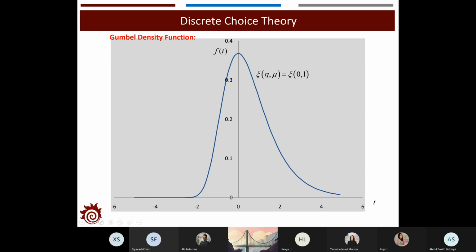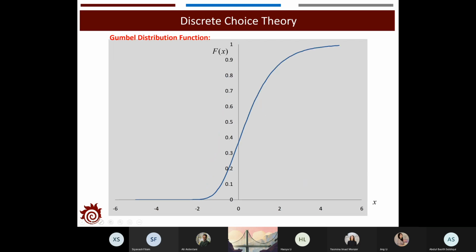It has some similarity to the normal distribution, but of course, you can clearly see the difference between the Gumbel and the normal distribution. And also, you can see the cumulative distribution function for the Gumbel distribution, and how the probability is increasing over time. So those are the two graphs showing the Gumbel distribution.